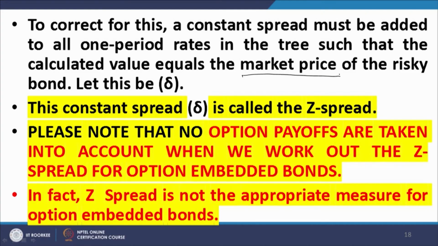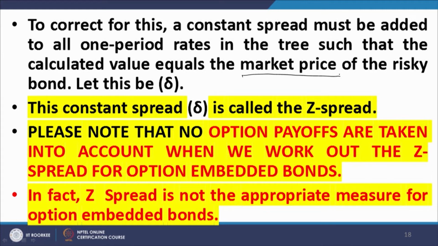By doing this, we arrive at the value of delta, the value of that add on, and that gives you the value of the spread. So, this is called the Z spread, as I have explained also.